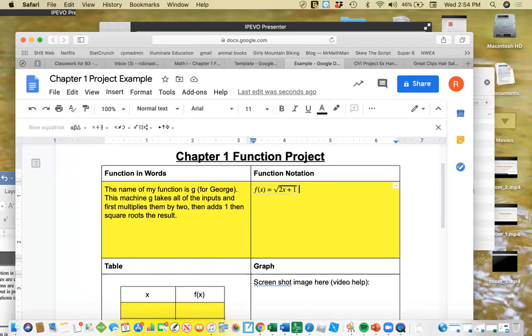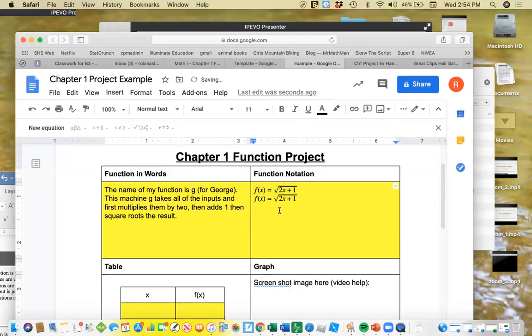So now I can start plugging in numbers. Let's start with -2, like I did with my other one. So f of -2. And I can copy and paste this if I'd like, and actually maybe that's what I'll do, because basically I'm going to do this 1, 2, 3, 4, 5.